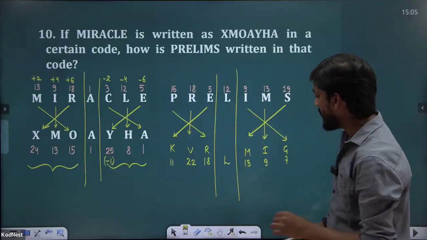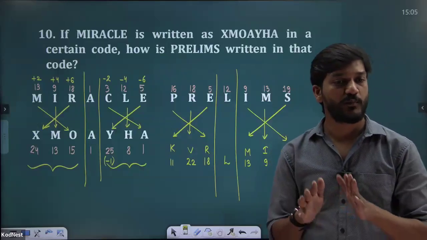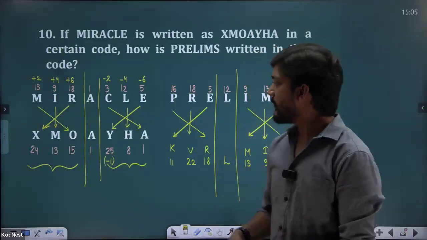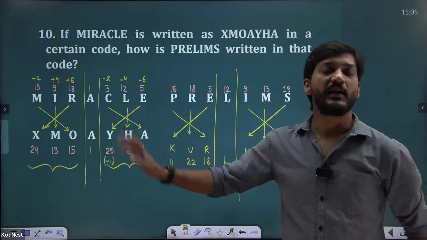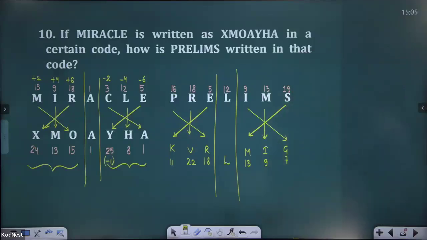So KVRLMIG this way. So try to observe the things around the center. In 90% of the cases you will see something. Okay, is this clear? All of you.